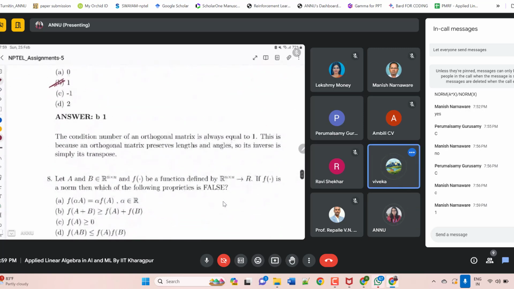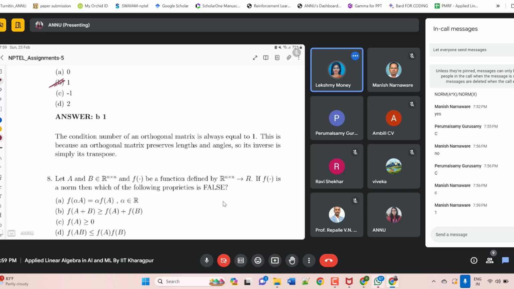Ma'am, for any 2 cross 2 or 3 cross 3 matrix using one norm, how do we check the condition number? I think what he asked is the induced norm in the case of other norms, not only the 2 norm.